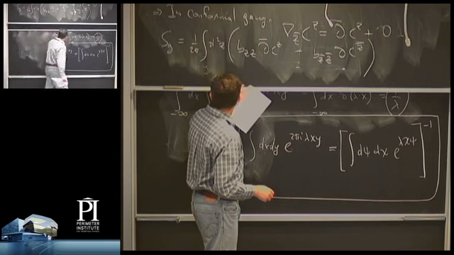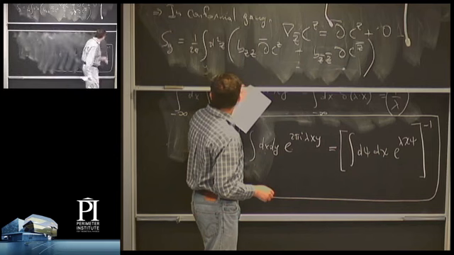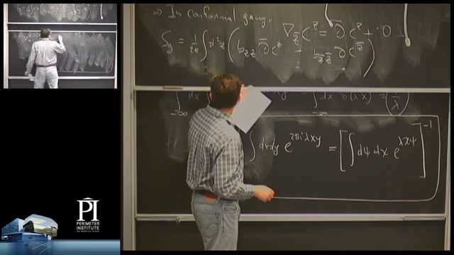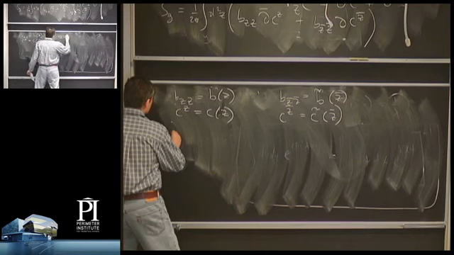So in fact, what we have here are 2 copies of the BC system. So we have a holomorphic and anti-holomorphic system. So b_zz is b of z, and c^z we call c of z. And b_z̄z̄ will be b bar of z bar, and c^z̄ is c bar of z bar.